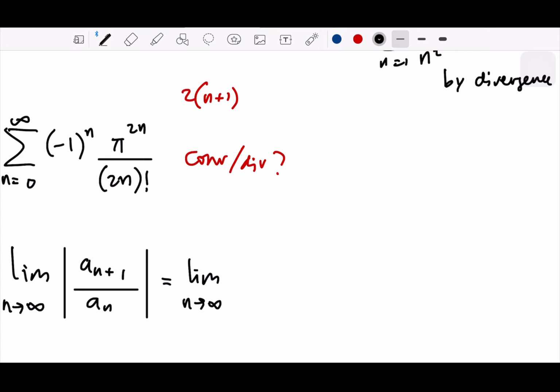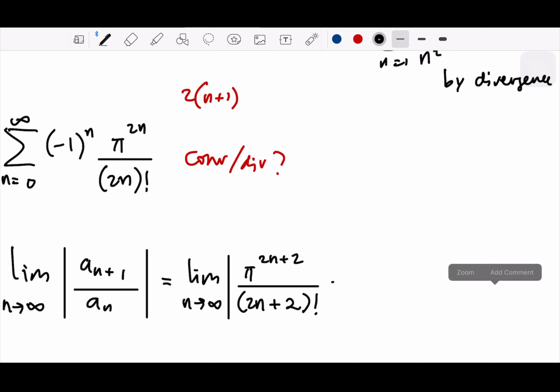So this part becomes pi to the 2n plus 2, and the bottom will be 2n plus 2 factorial. And then a_n, we can just write as pi to the 2n over 2n factorial.